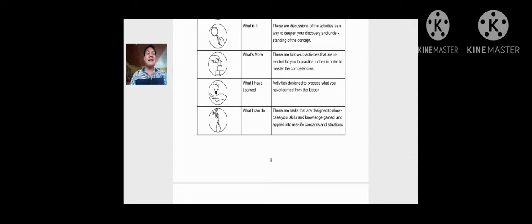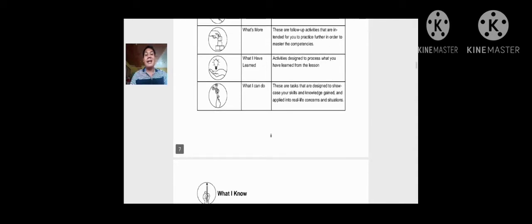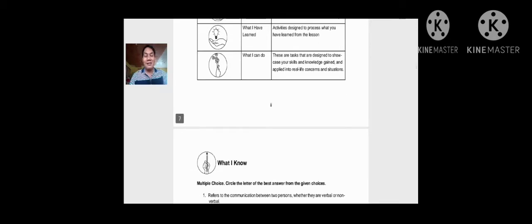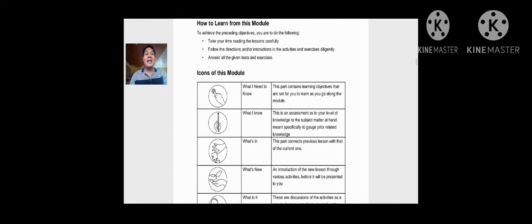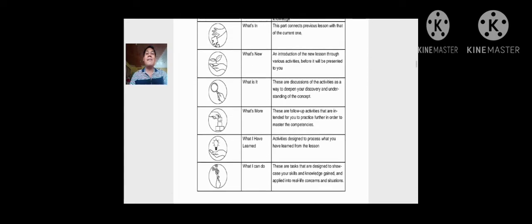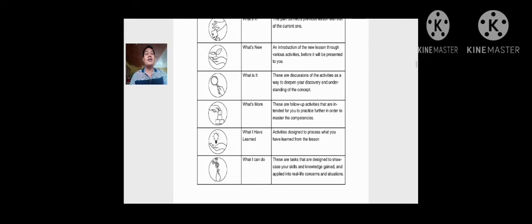Activities designed to process what you have learned from the lesson. And lastly, the hand with a drill, what I can do. These are tasks that are designed to showcase your skills and knowledge gained and applied into real-life concerns and situations. So remember, these icons are present in our module.